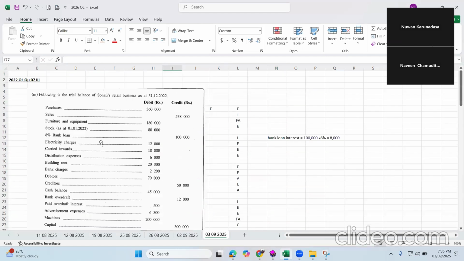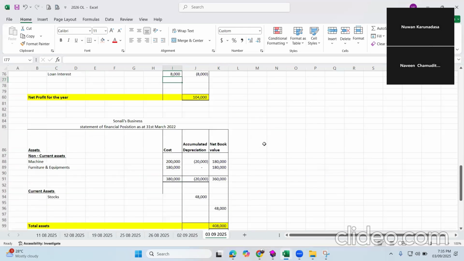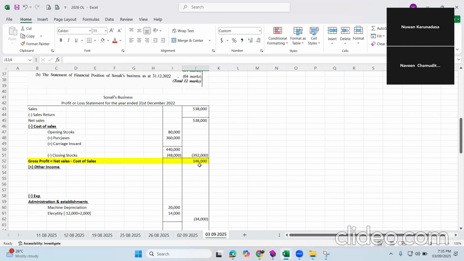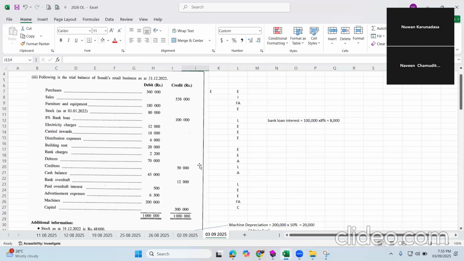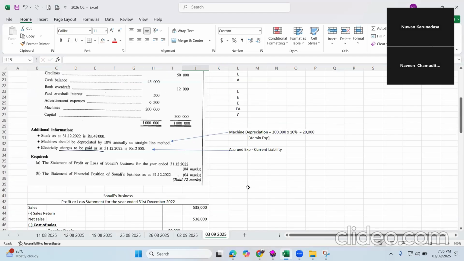Just cross check the trial balance, have they given anything related to bank loan interest? No, they haven't given anything. Very important. That means the total is unpaid. Accrued current liability, accrued bank loan interest. Accrued bank loan interest came 8,000. They haven't paid anything. The total is a liability. Very important.